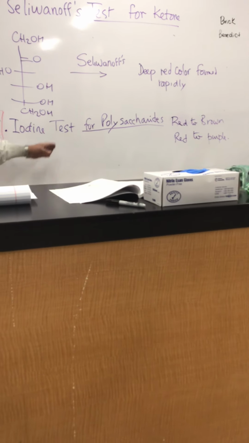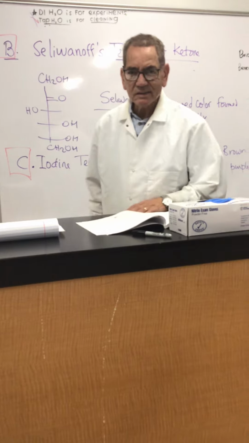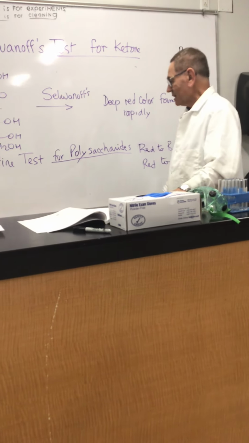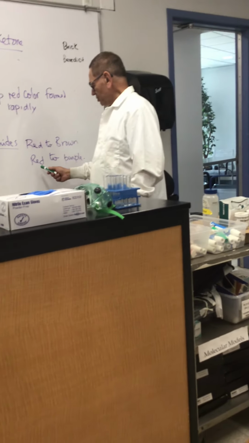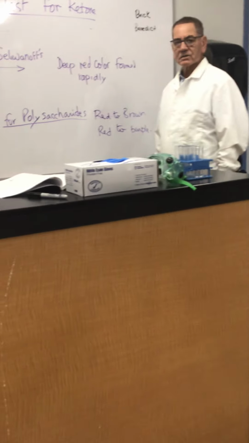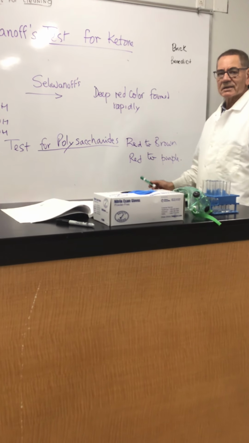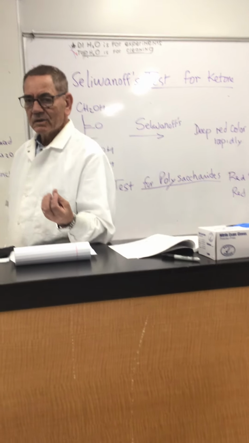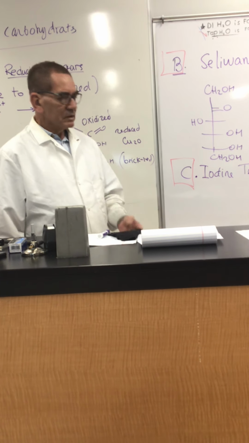If you have polysaccharides, you add the iodine test. What is the positive test of the iodine test? It's red to brown in certain polysaccharides, and red to purple in others. To be exact, the red to purple color is in glycogen. So if you take glycogen and add iodine, the positive color will be red to purple. All right?